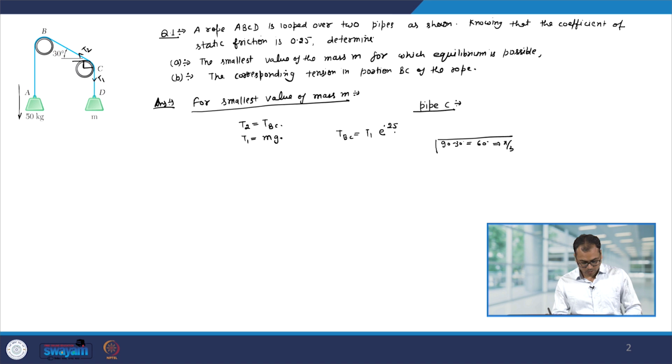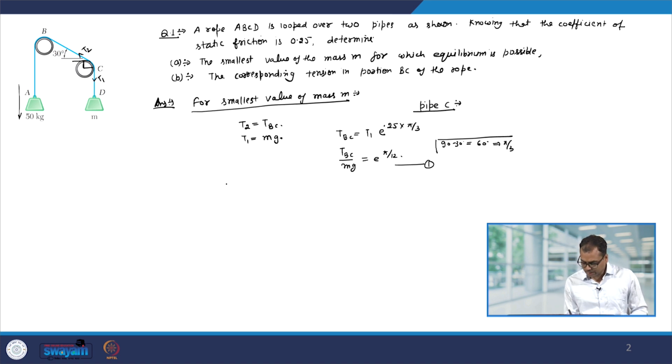So, you multiply it by pi by 3 and we get TBC over mg, because T1 is nothing but mg, equal to e to the power pi by 12. Let us call it equation number 1.